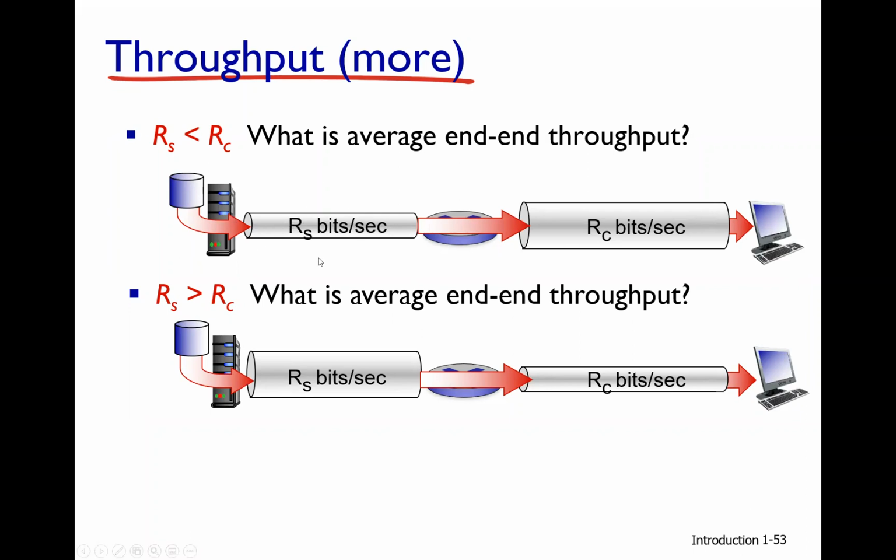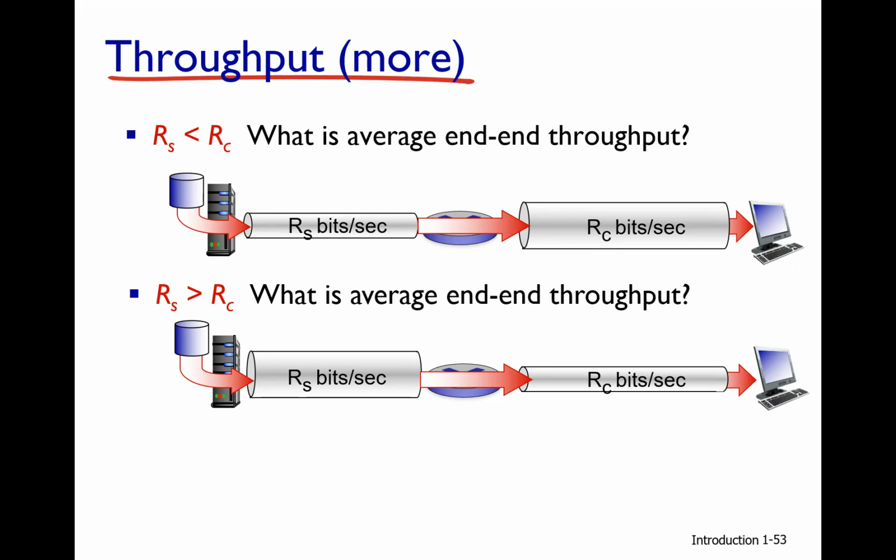One is Rs, the other is Rc. In the first case, Rs is smaller than Rc, and in the second case, Rs is greater than Rc. In both scenarios, the average end-to-end throughput is determined by the smaller value, or the slower link.